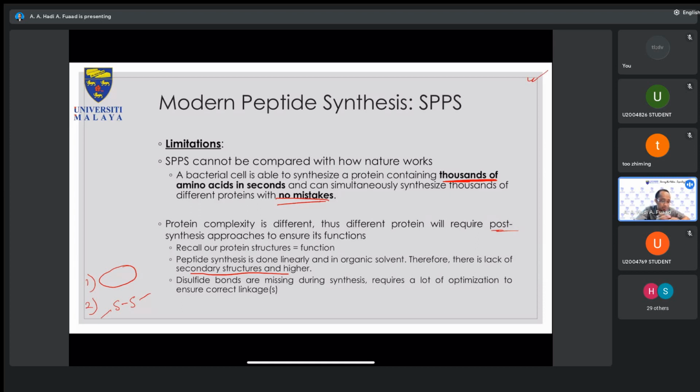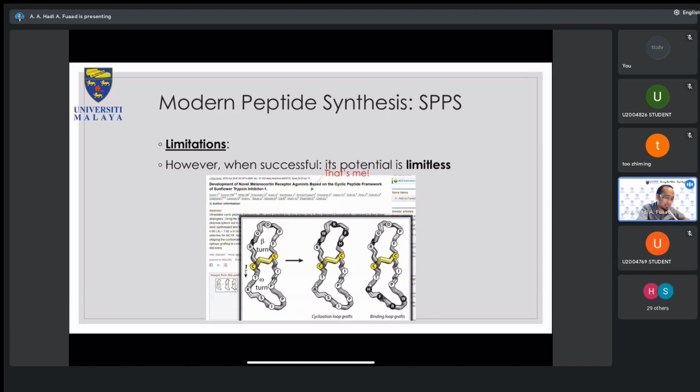And lastly, disulfide bonds, as I mentioned. These are just to show you an example of the complexity of a peptide. I've shown previously that you can have a cyclic peptide, and second, you can have a disulfide bond. This is the third type where you can have a cyclic and a disulfide bond in one structure.